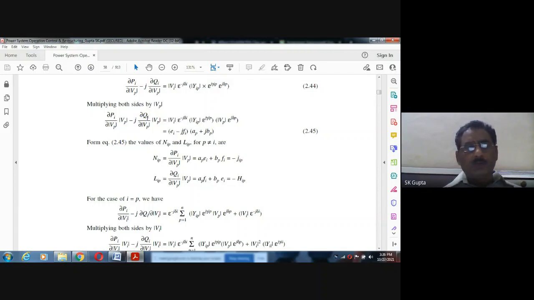The imaginary part, if you compare with this, will be LIP, and earlier it was HIP. We have just calculated it. So in this way, we have calculated NIP and LIP. Similarly, when you differentiate this with respect to VI, here it is Vp with respect to VI, then NII and LII will be calculated.